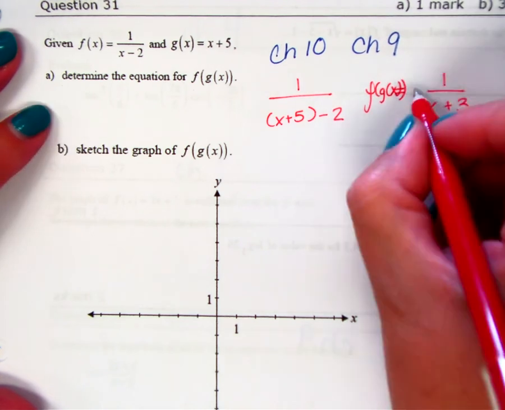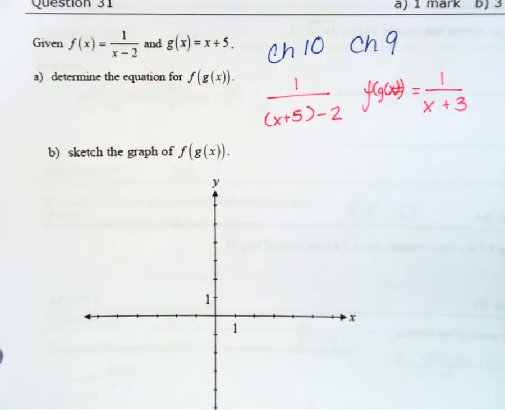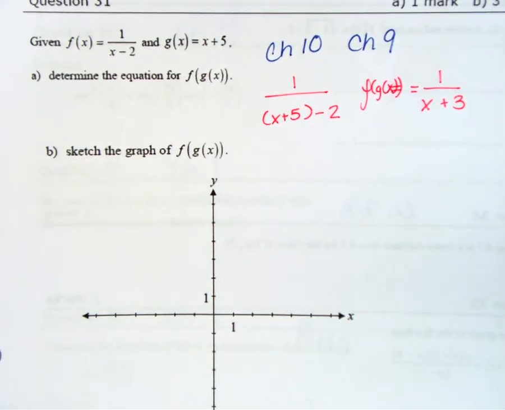To leave myself enough room. There we go. So that was 10, knowing how to do that. And part B of this is chapter 9 stuff.